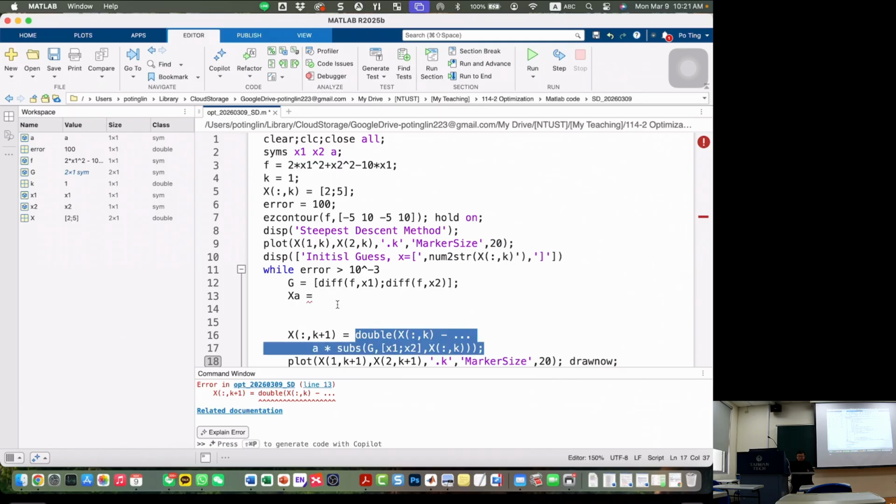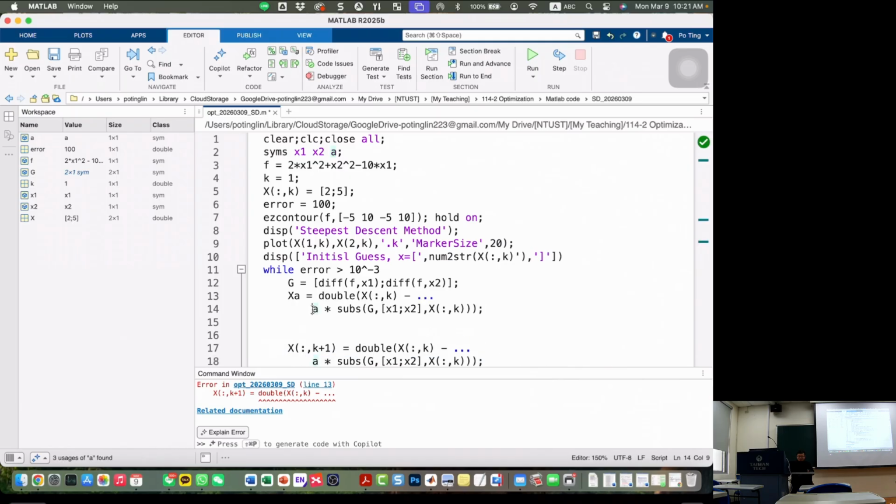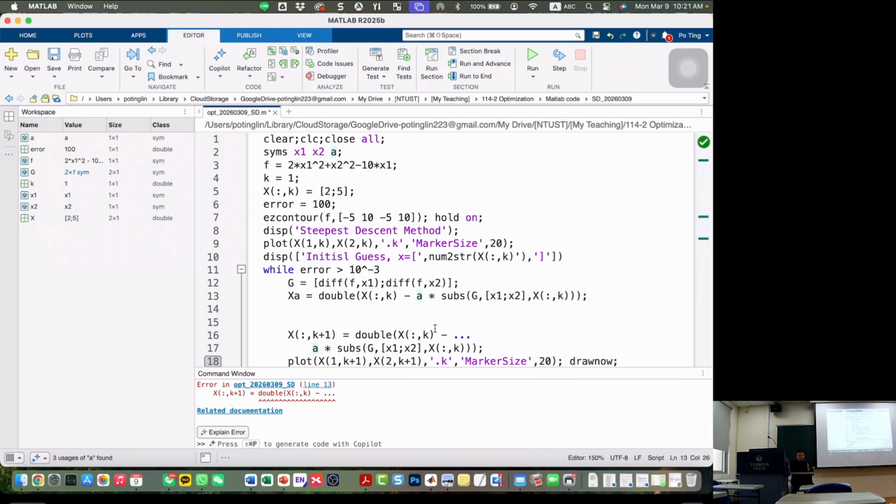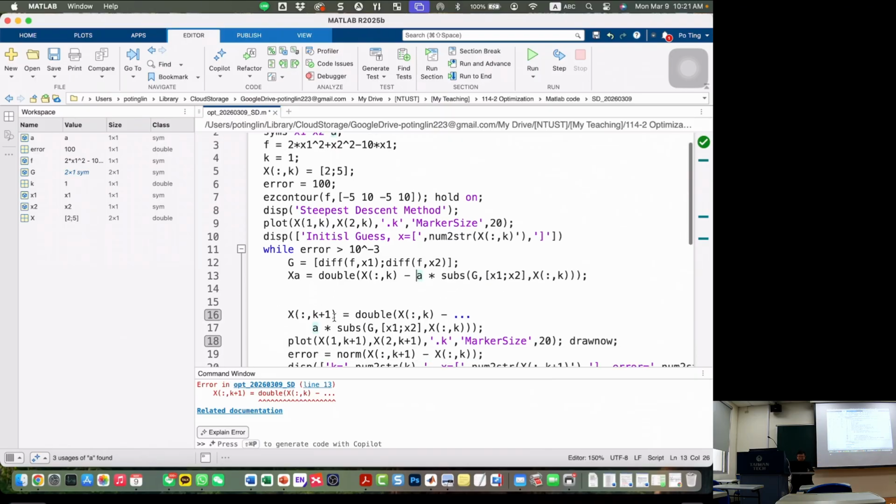So x is described as a function of alpha. I will define a new function just for that particular iteration, and then I will plug in the updated alpha later on once I have it. So I don't put alpha here.